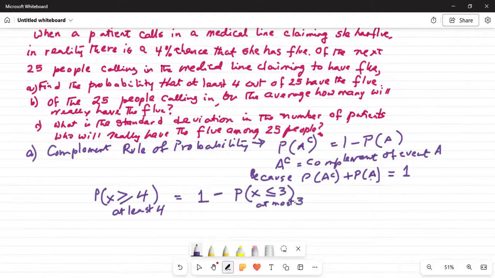So here we are using the complement rule. Now we will use Excel to solve this problem. Let me stop sharing this screen and go to the Excel screen to show you what formula to use in Excel.